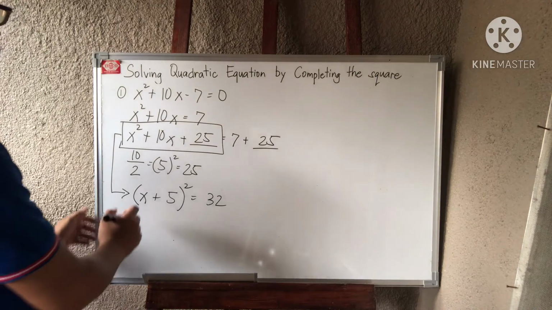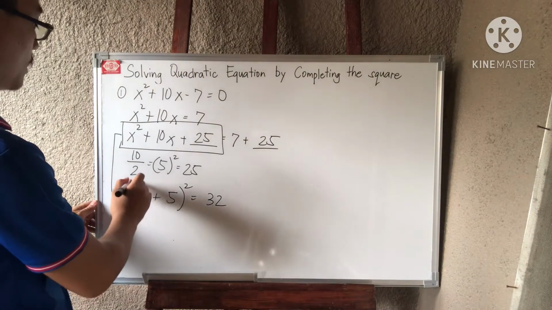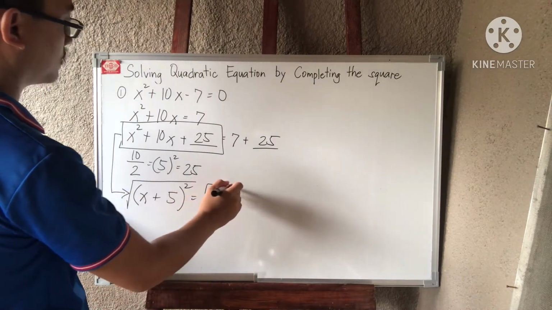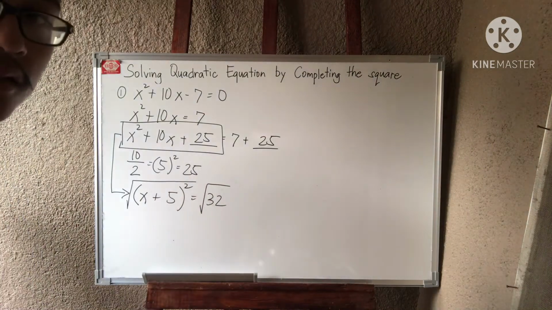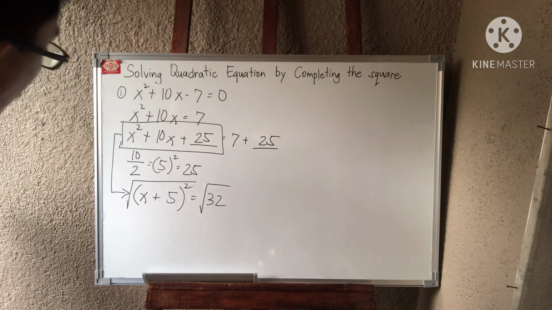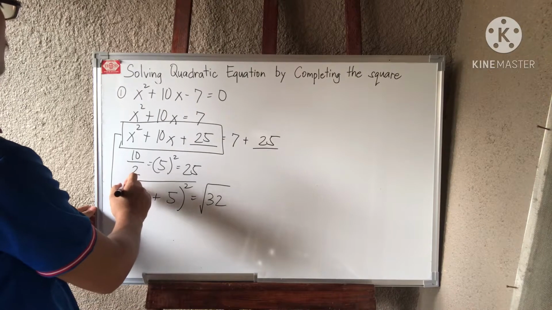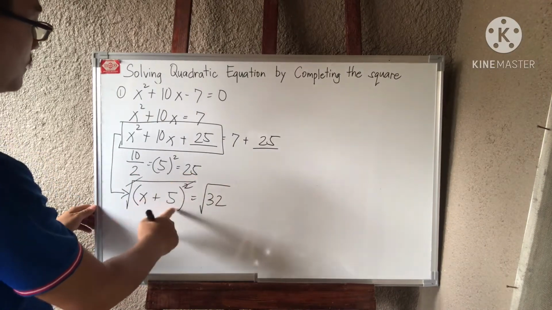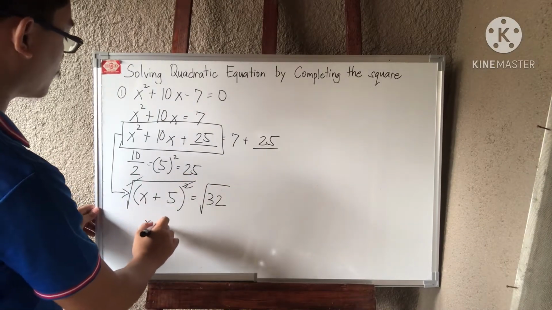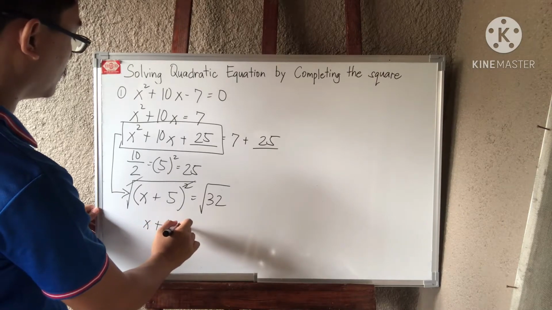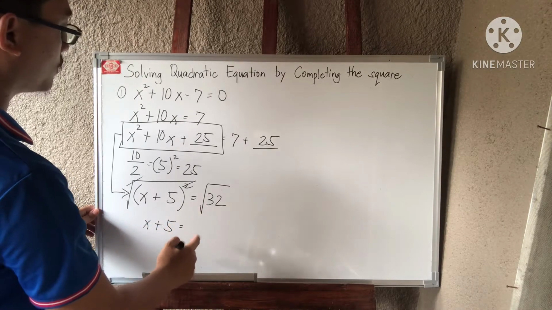So, what we're going to do is to take square root of both sides. Para doon sa first method natin, which is extracting square roots. So, what happens is you cancel the square root and square, leaving you with x plus 5 equals square root of 32.